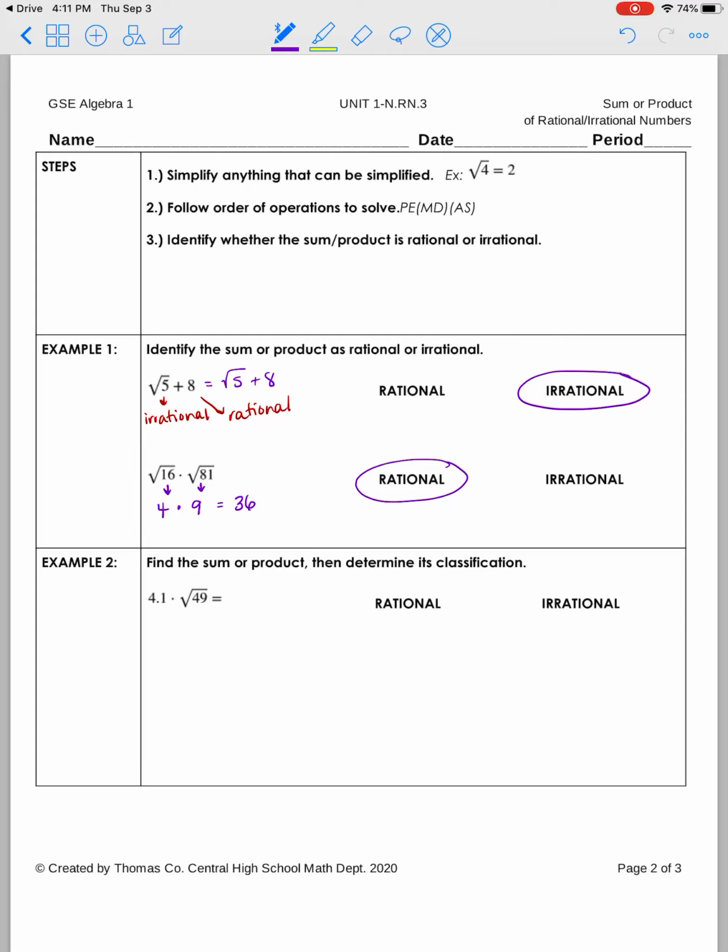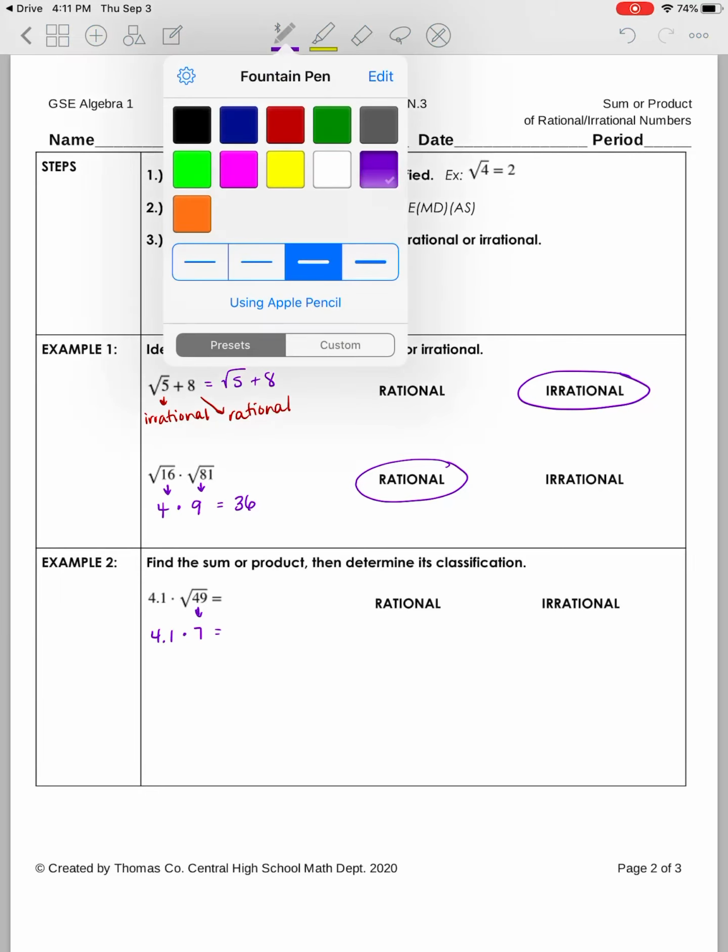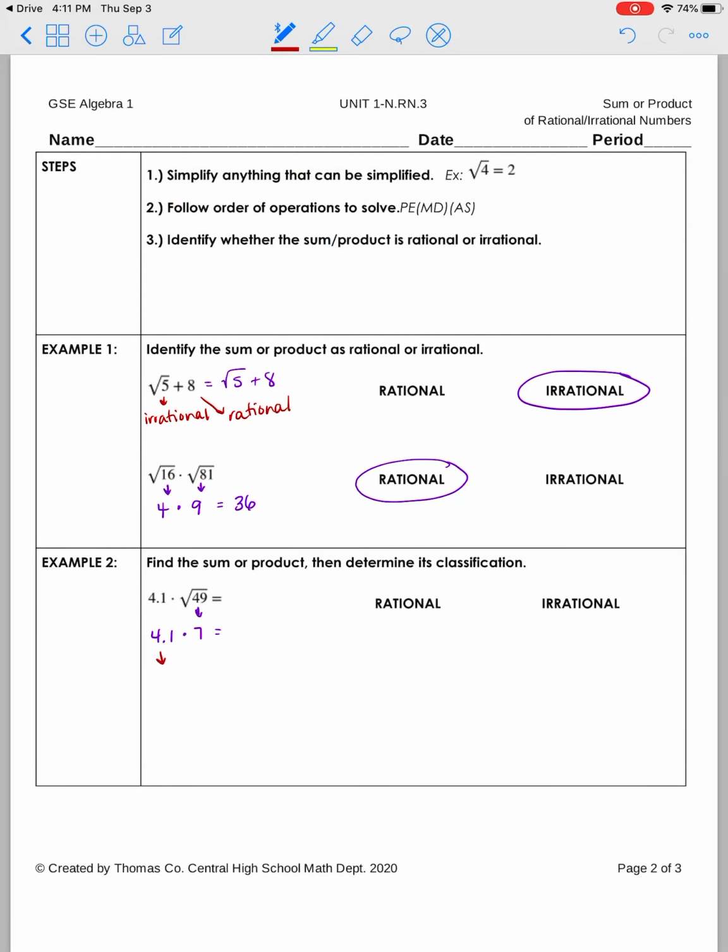Find the sum or the product in example 2, then determine its classification. Okay. 4.1 times the square root of 49. Well, the square root of 49 is a perfect square. 7 times 7 gives me 49, so I can multiply these. Let's classify these really quick. 4.1 is rational because the decimal ends, and 7 is rational.